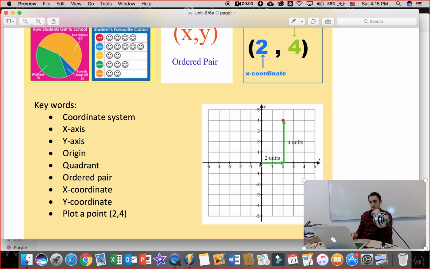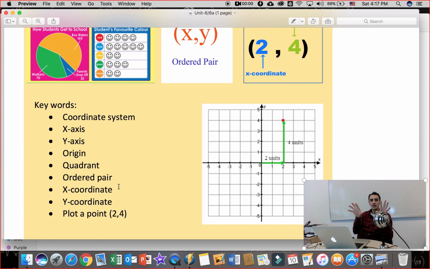And quadrant: we have 4 sections, 1, 2, 3, 4, but they have differences between them. The signs of the numbers on the x axis and y axis change as you move from one quadrant to another.